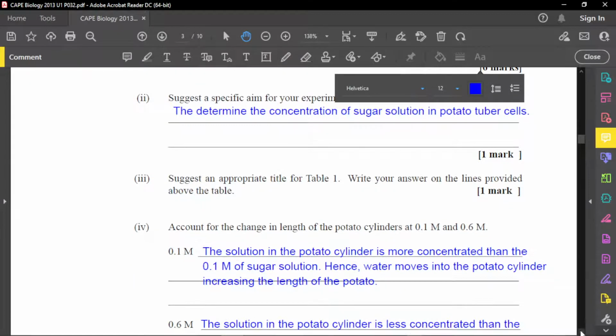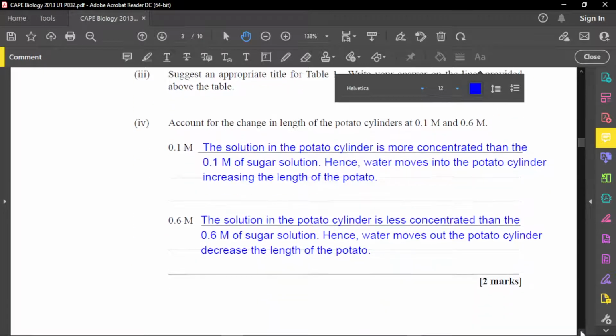All right. So here now for part 3, it's account for the change in length of potato cylinders at 0.1 and 0.6 molarity of the solution. Now, at the 0.1, as I said, I expect there should be an increase in length, all right? When you're actually doing the experiment, you can have something different.